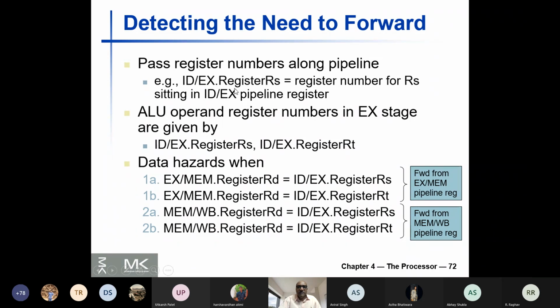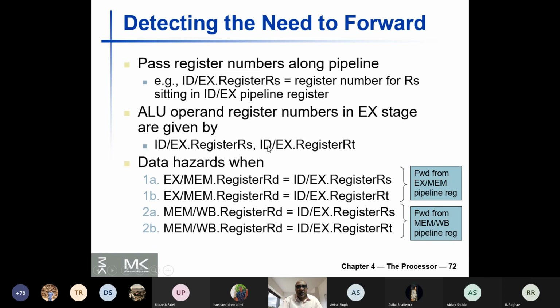So the terminology is like this. If you want to check the register numbers at the EX stage, that will be ID/EX.RegisterRS, which is one of the operands. Likewise, the other operand is ID/EX.RegisterRT, the second operand. These are the two operands upon which the arithmetic logic unit will perform the arithmetic or logical operations.